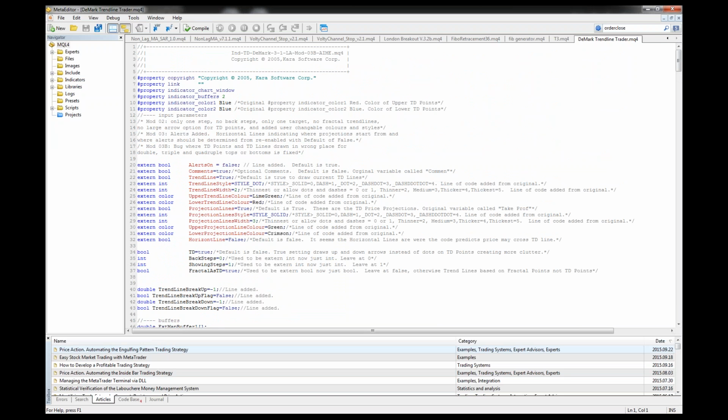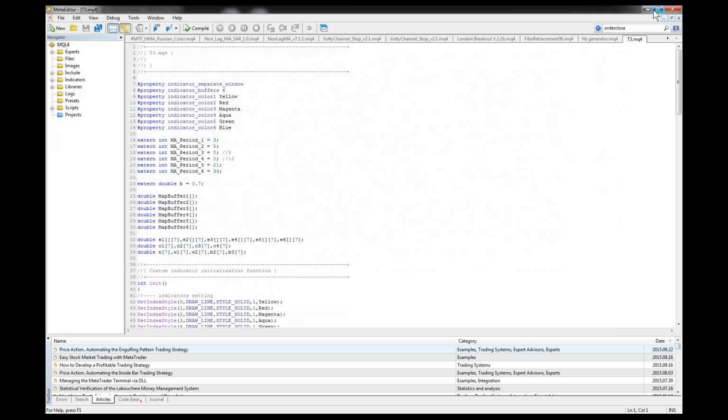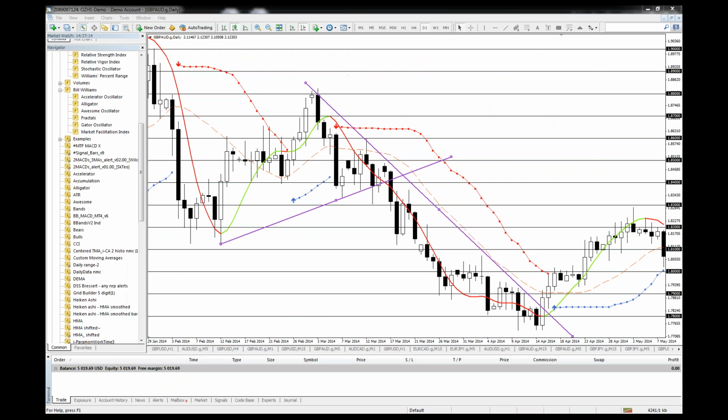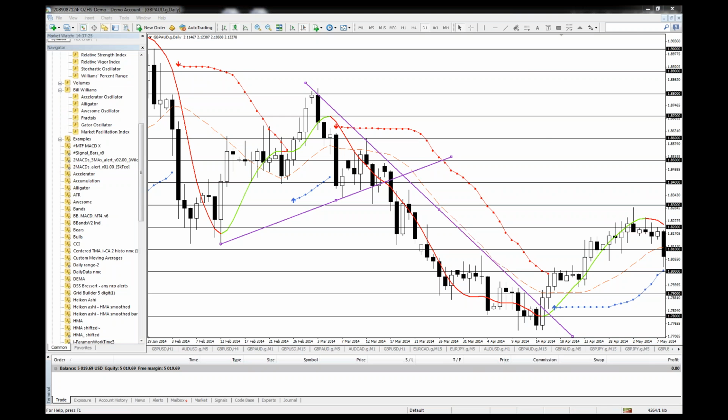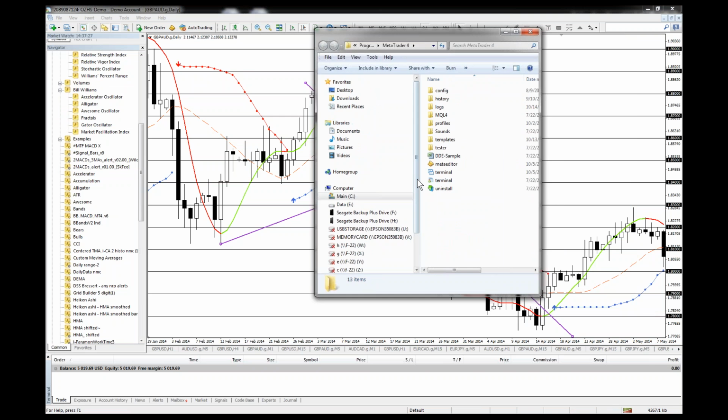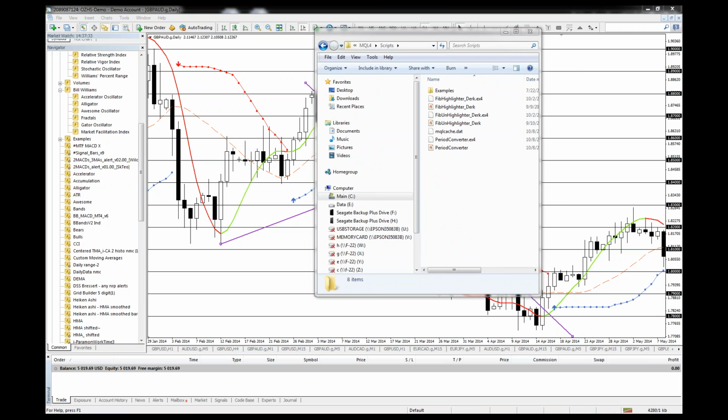Now I have a script for the Tom DeMark projected high and low. I need to close that. No, I need to close this. Let's just see what this is. The file. Open data folder, and this is a script, so I'm kind of curious. MQL script, and Tom DeMark projected high and low script.